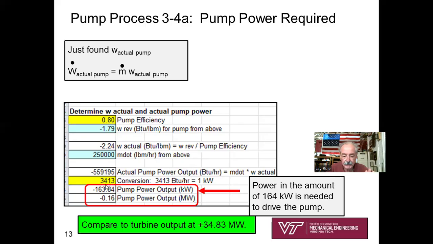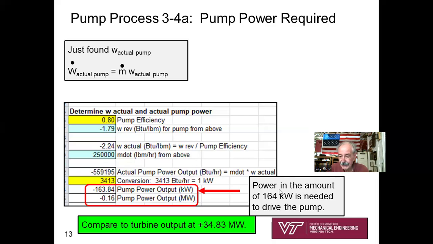So I've got to remember my conversion: 3,413 BTUs per hour equals 1 kilowatt. So I'm going to divide this monstrous number by 3,413 to get the pump power is negative 163.8 kilowatts. And so I'm going to change that to megawatts to compare with my turbine. I'll move the decimal place 3 places to get the pump power is negative 0.16 megawatts.